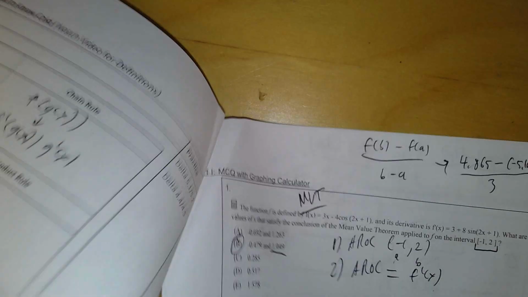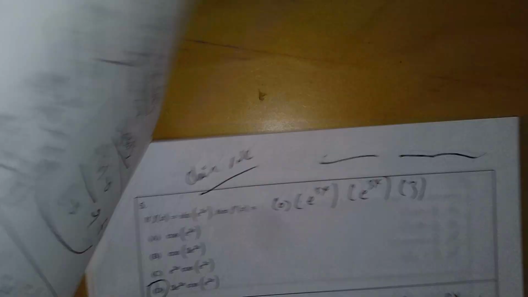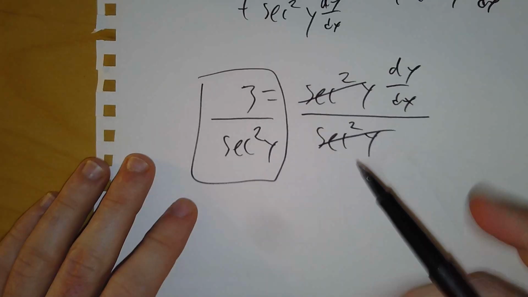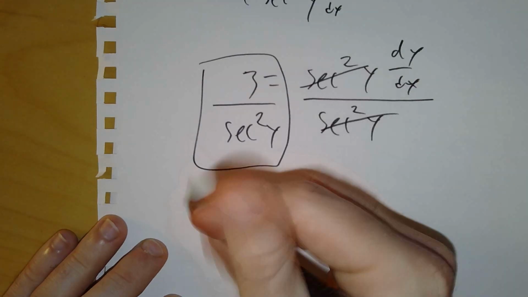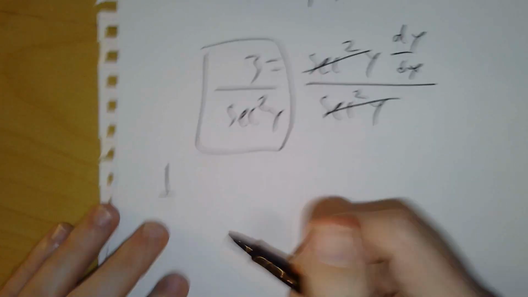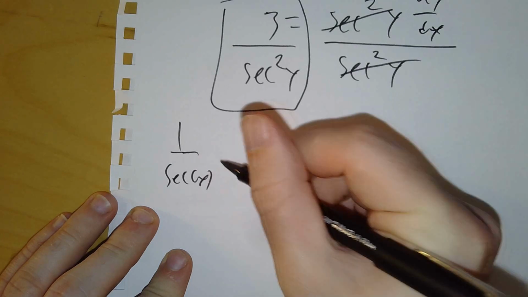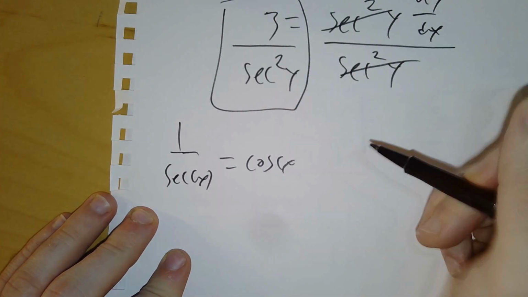So here, the answer is, here, I'll do it on paper. So remember, 1 over secant x is cosine x.